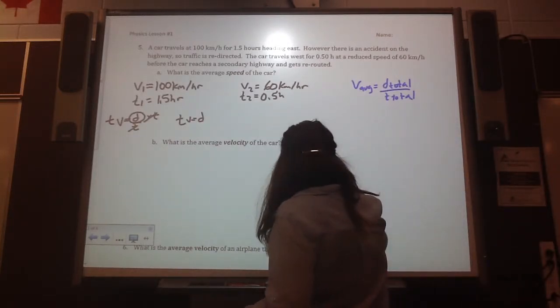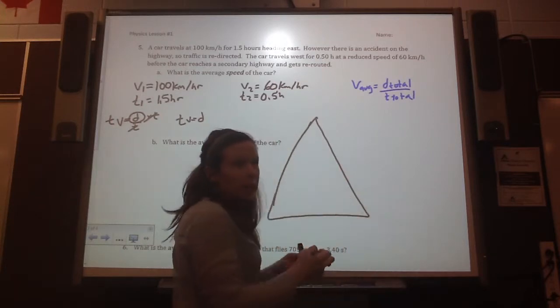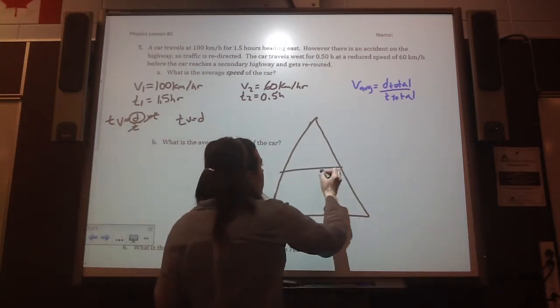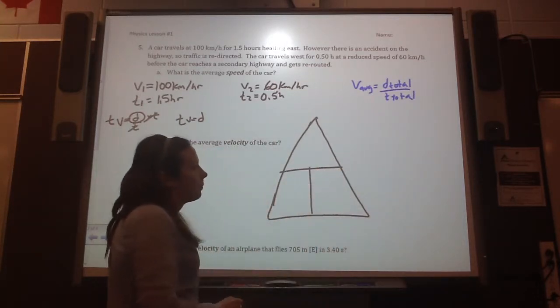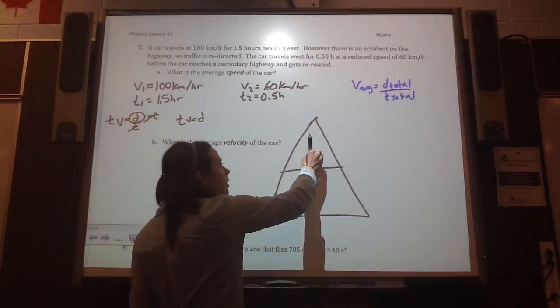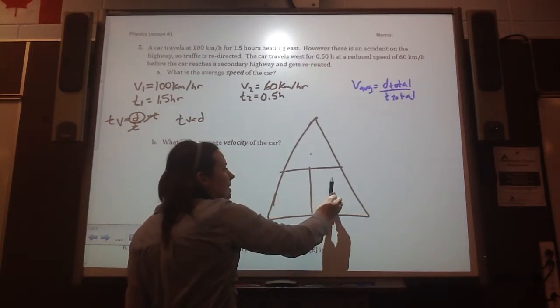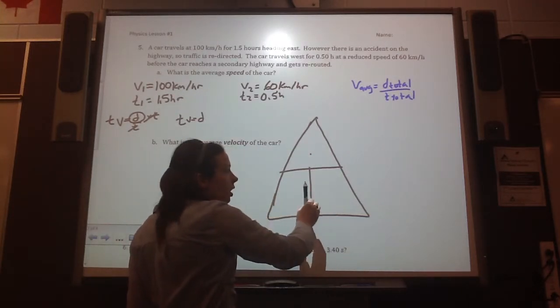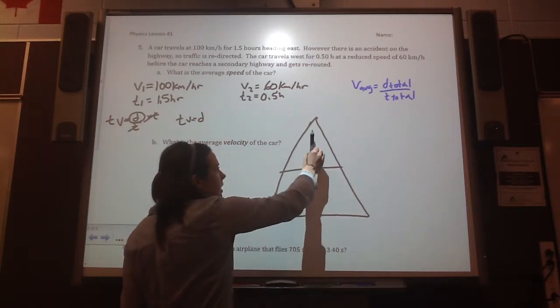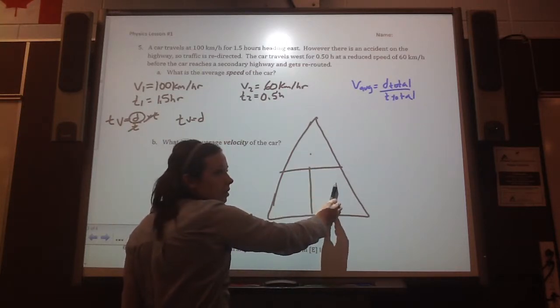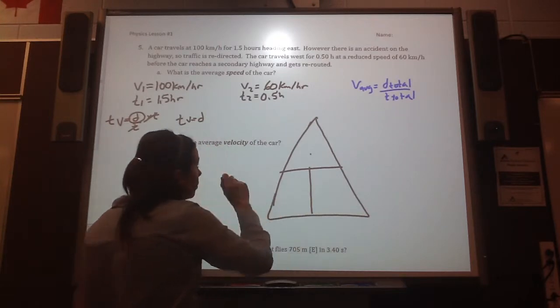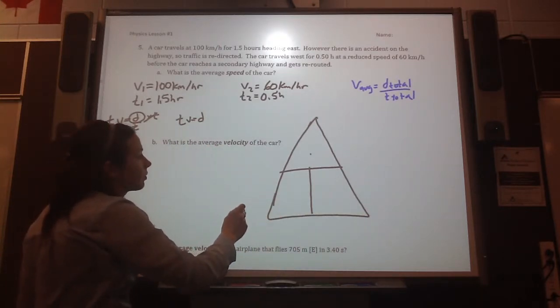For the triangle method, you have one on the top and two on the bottom. Whatever is up here is equal to this times this. Whatever is here is equal to this divided by this. So, how do we put this one in?